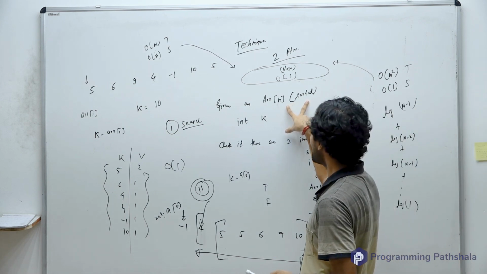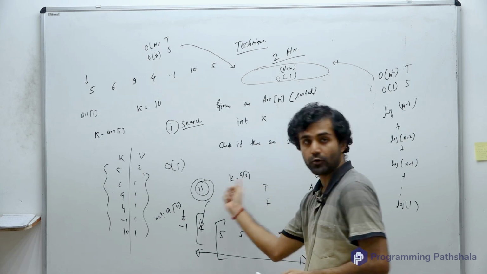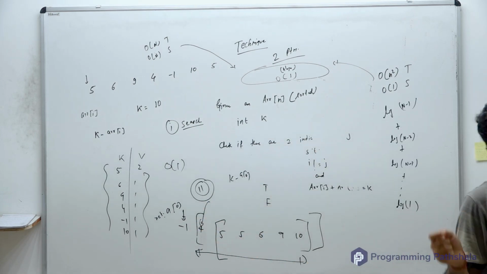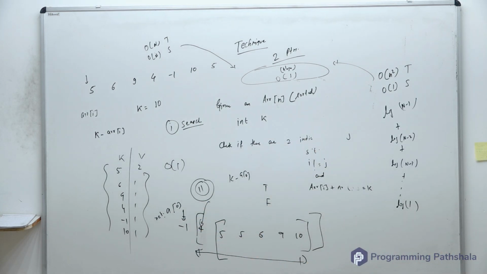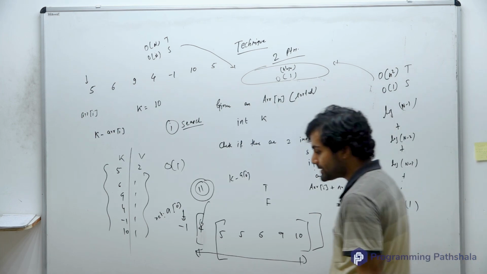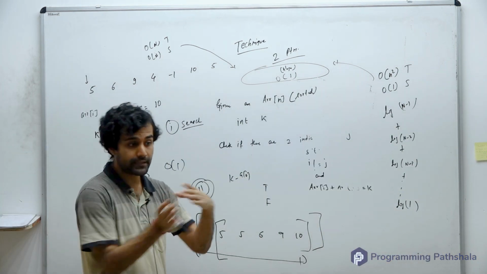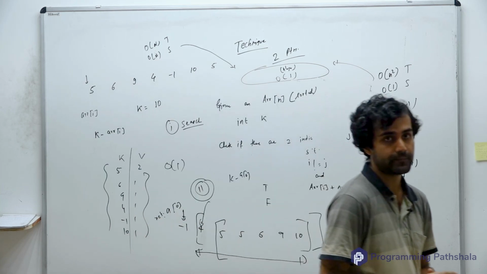If you are using this approach of binary search, you will still take n log n time, because the process itself takes n log n time. So think of it this way: if it is already sorted, can I use my brain in a different manner and try to solve it?